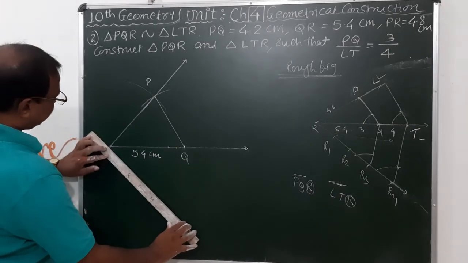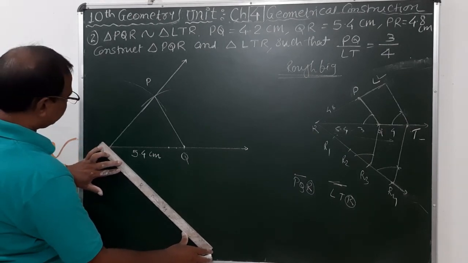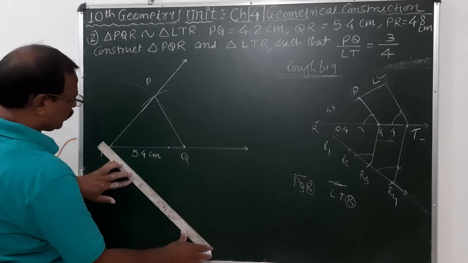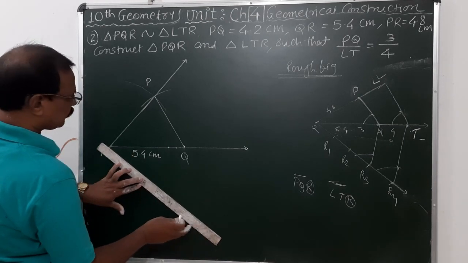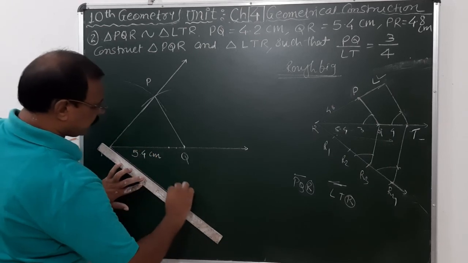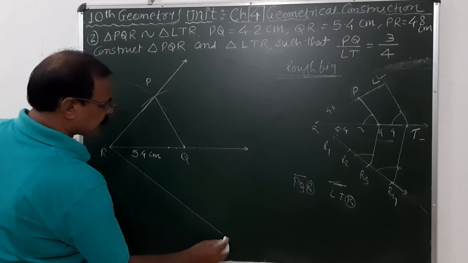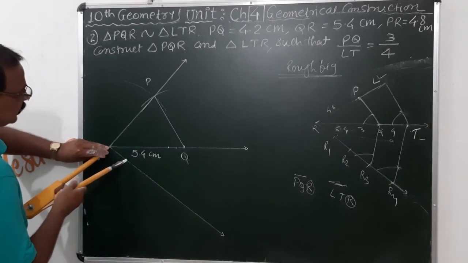Now draw a ray through point R at a suitable angle. If we take an angle of 45 degree, it will be a better figure to look at. And take 4 parts.